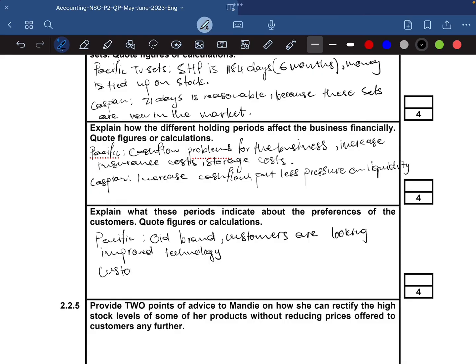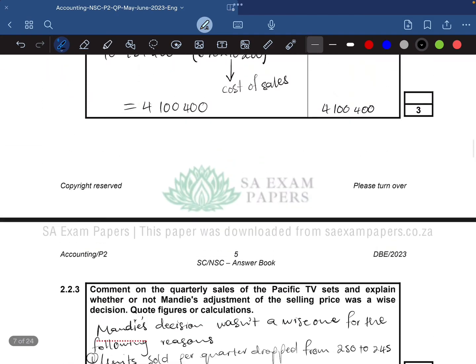Customers are also willing to spend more on new technology. So I can't fit everything else in this little box, but for exam purposes you should.